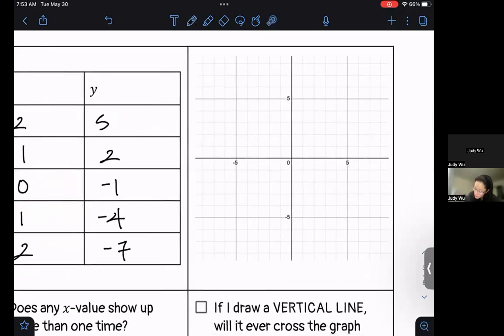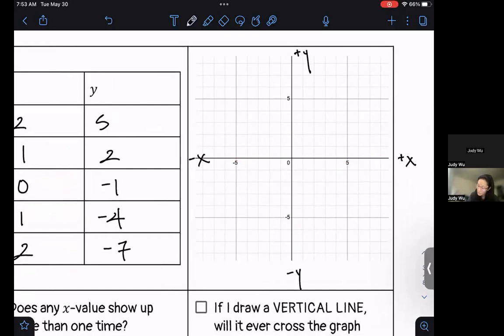This horizontal axis is our x-axis, with positive x values to the right and negative x values to the left. The vertical axis is our y-axis, with positive y values at the top and negative y values at the bottom.